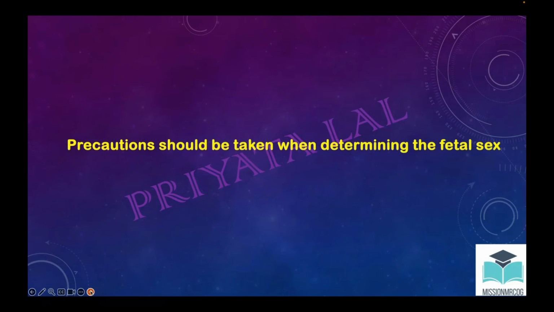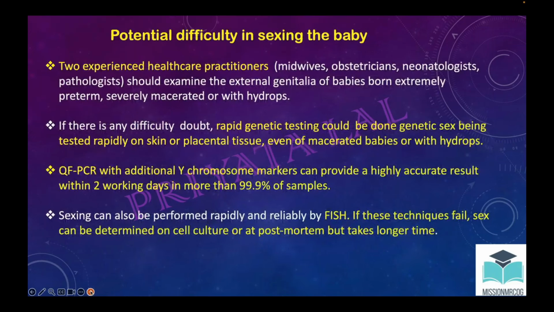Now, is there any question till now? Okay. So, what are the precautions to be taken in fetal sexing? This knowledge needs to be there because this is asked in both part two and part three.